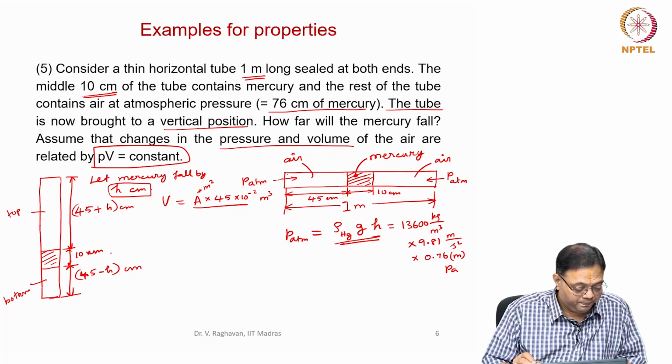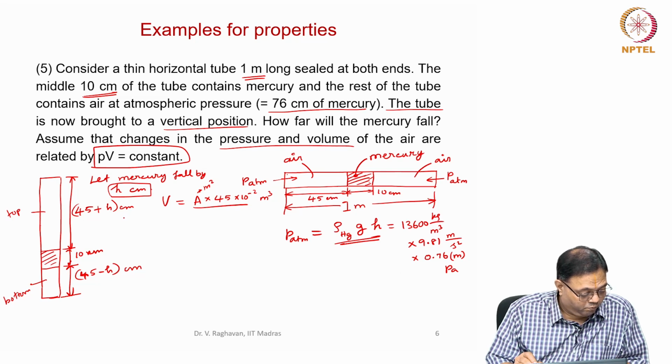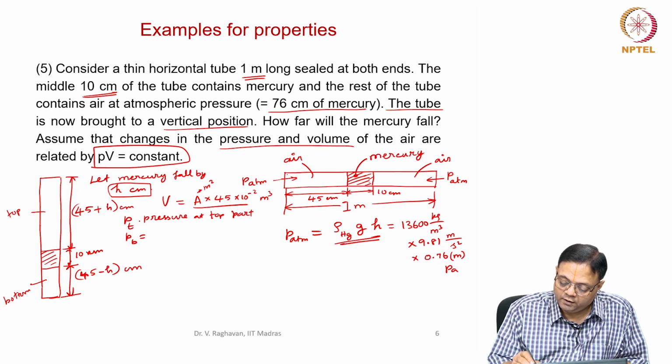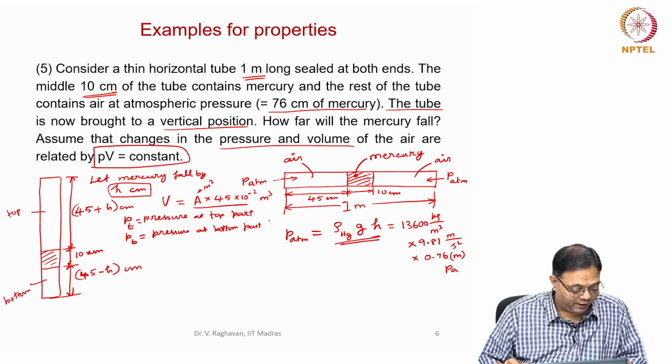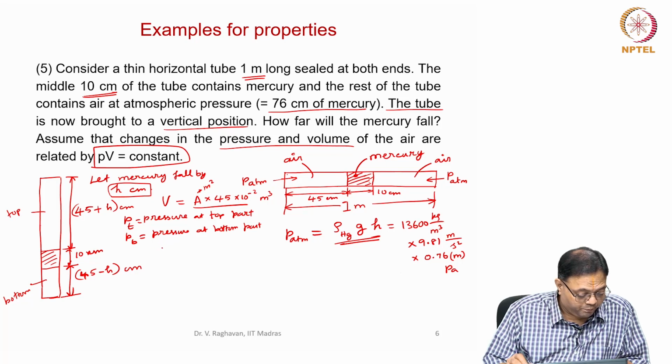Pt is the pressure at the top part and Pb is the pressure at the bottom part. Okay, now since PV equals constant, I can write: P atmosphere.